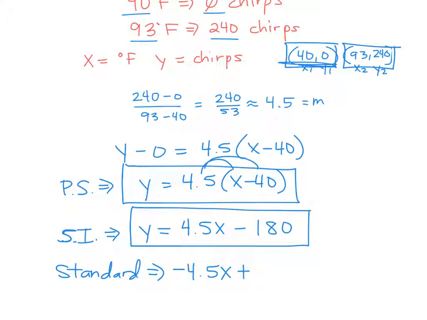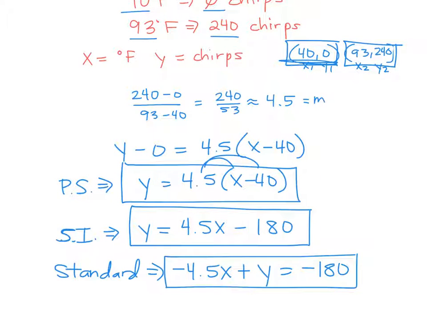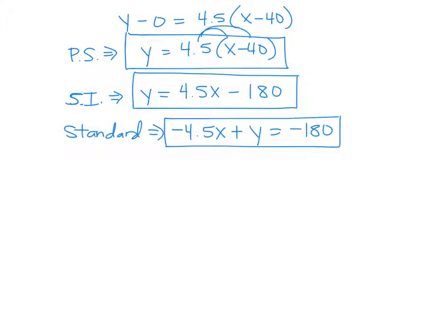So it'd be a negative 4.5x plus y equals negative 180. Okay, so this is standard. Or if you were to move it the other way, you could have 4.5x minus y equals a positive 180. Those are the same equation. It's just that we multiplied everything by negative 1, essentially. I don't care which one of those you give me. Okay, questions on the equations?